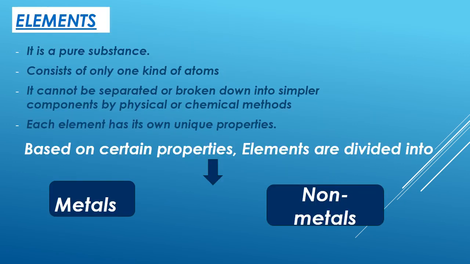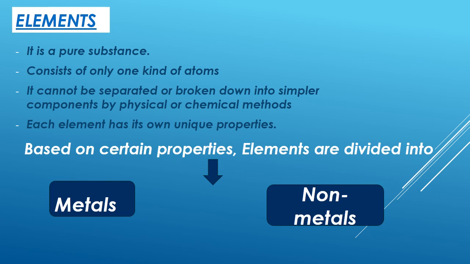The first topic that we are going to discuss is the element. An element is a pure substance that consists of only one kind of atoms. For example, copper. The vessels that are made from copper consist of only copper atoms.